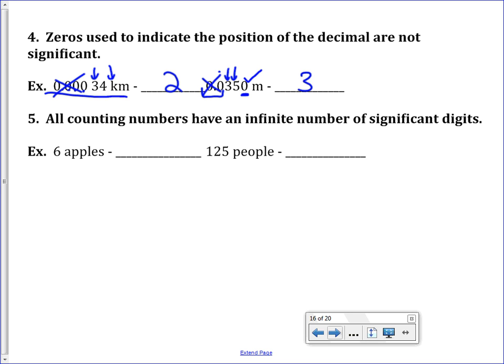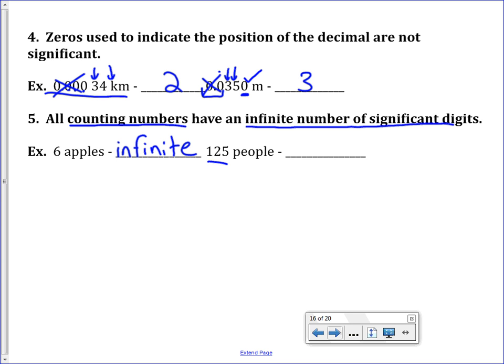And lastly, any counting numbers, so anything that we actually count, has an infinite number of significant figures. So for example, if we were to count 6 apples, we know there is no uncertainty in that, so we would say it has an infinite amount of significant figures. In the following example, if we have 125 people, we know we've counted 125 people because we can't have half of a person, so we can't have 125.5 people.